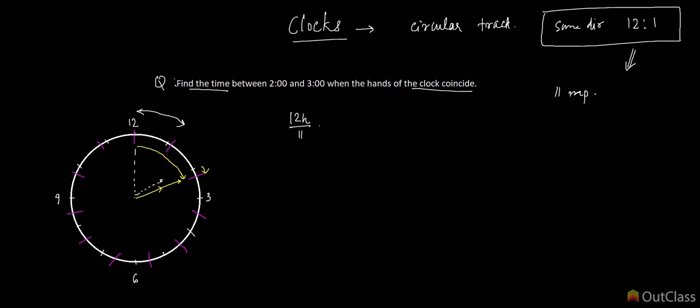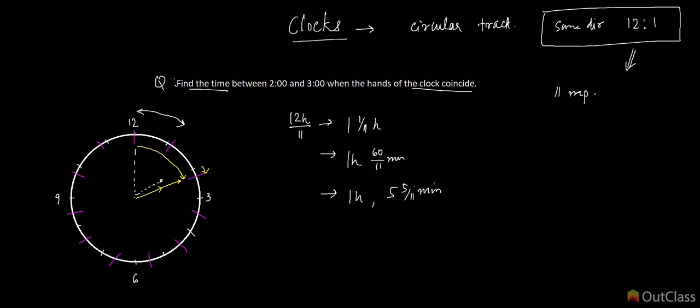And so the duration of each one is 12 hours by 11, which is 1 and 1 by 11 hours, which I can then rewrite as 1 hour 60 by 11 minutes, which is basically 1 hour and 5 and 5 by 11 minutes.